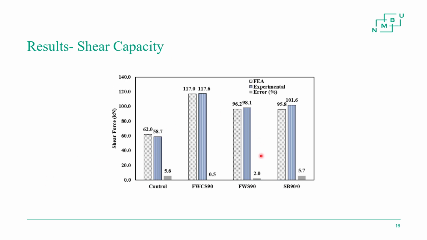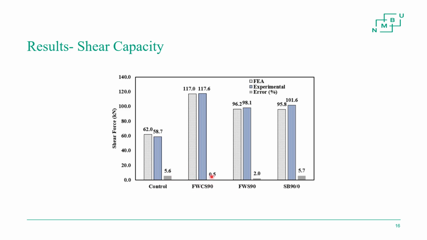For the shear capacity, let's see now this table. We have again the control case and the three models with the different configurations of BFRP. By comparison of the columns, we can see that the error in each case is very small, 5% or less.